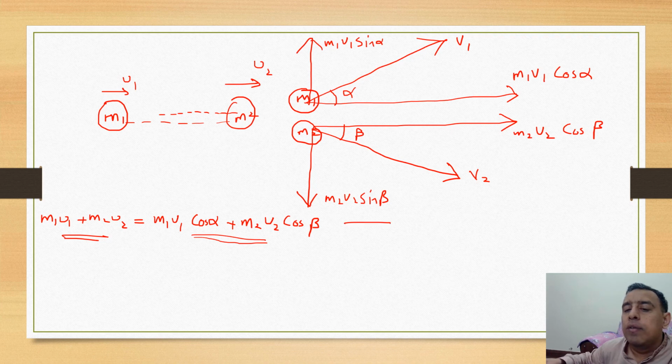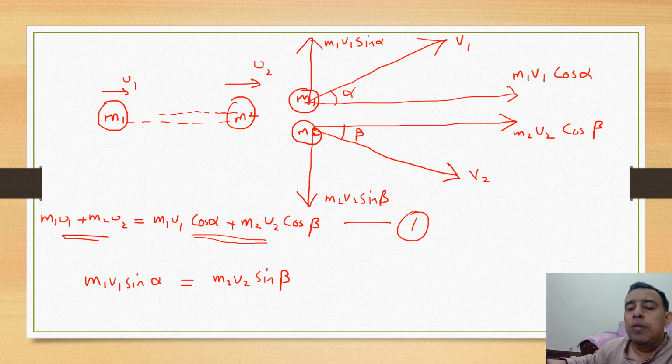So this is equation 1, and equation 2 is m1 v1 sine alpha equal to m2 v2 sine beta. These two are equal and opposite, so put a negative sign with one of the momentums, and this is called equation number 2.